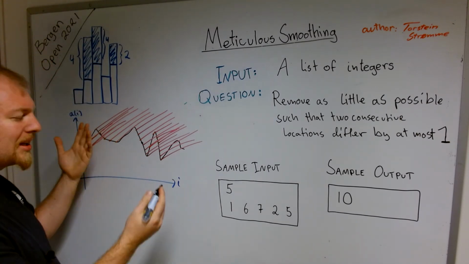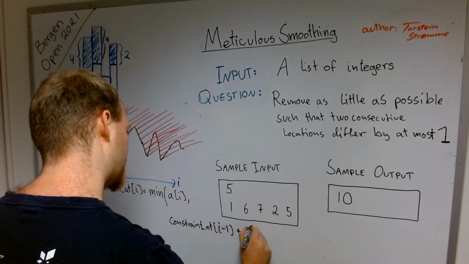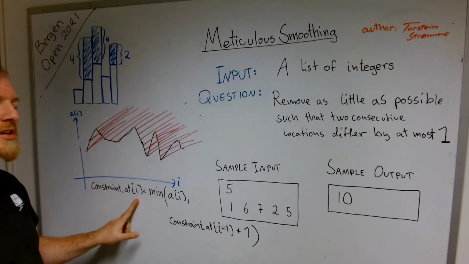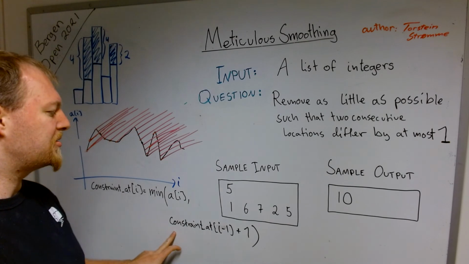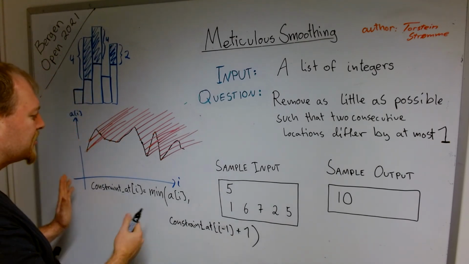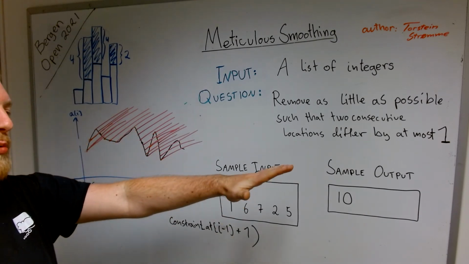So we can calculate it like this. So the constraint at some location i is the minimum of the value at that location, and the constraint at the location i minus 1, plus 1.